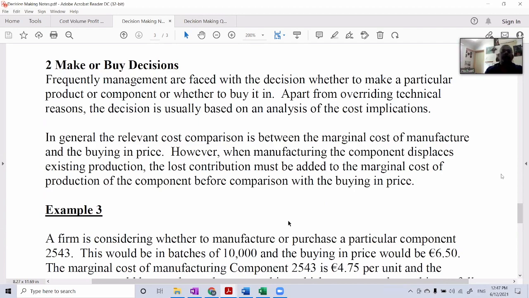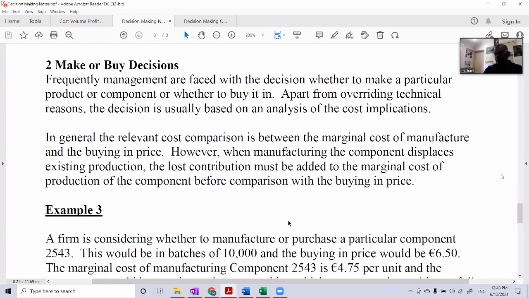Do you want to make it or do you want to buy it? And it says apart from overriding technical reasons, the decision is usually based on an analysis of cost implications. Yes. Right. We have a choice. We have a component. We can buy the component from a supplier or we can make it in-house. So now we have to do a comparison and make a decision. Should I make it or should I buy it?